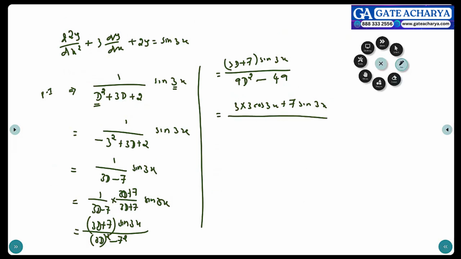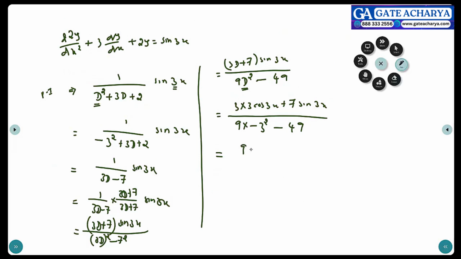Divided by: replace this d square by minus times m square. So 9 into minus times 3 square minus 49. 3 square is 9, so minus 9 into 9 is minus 81.